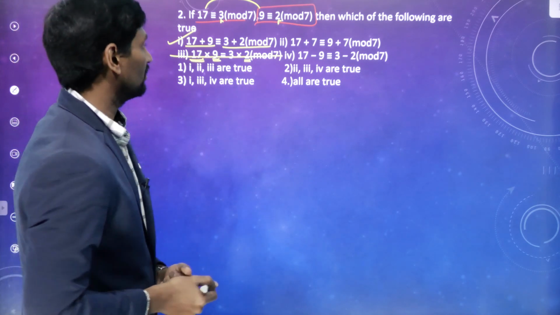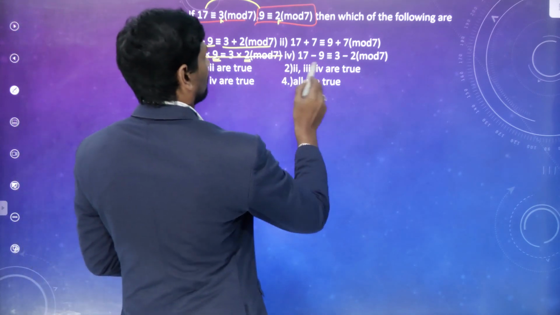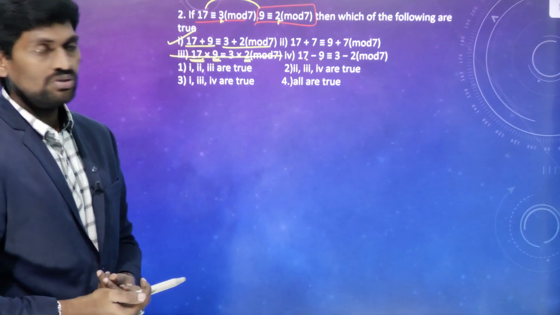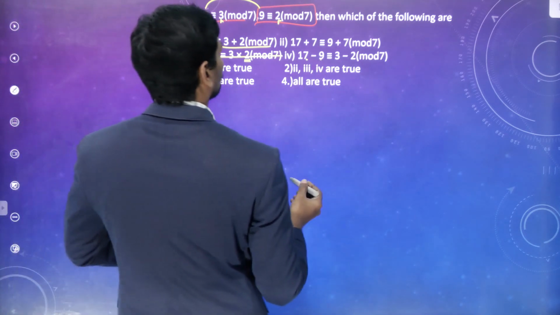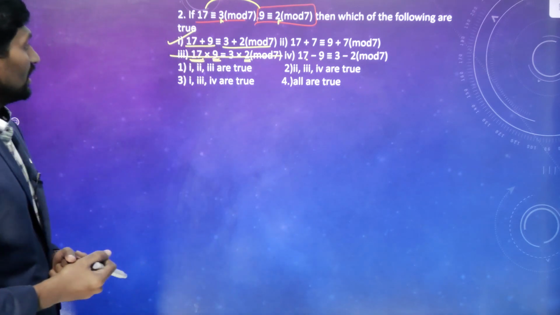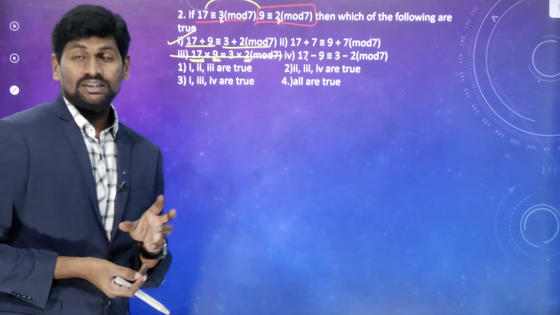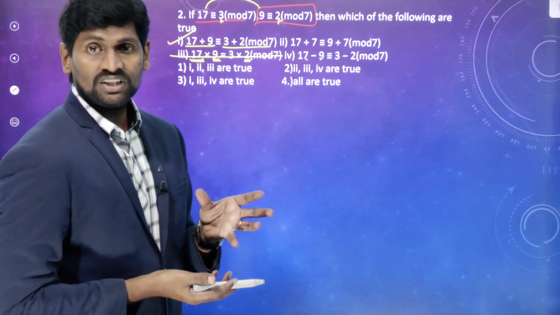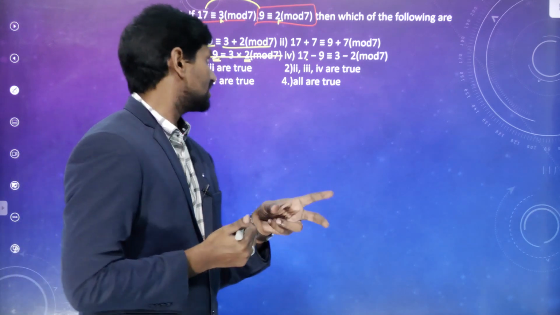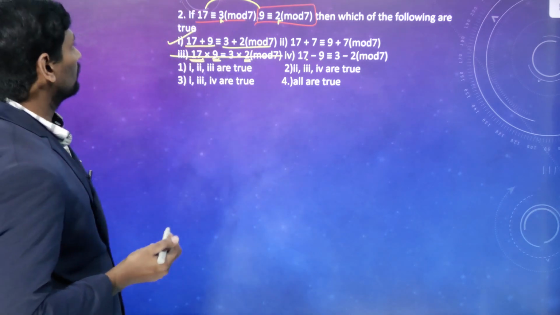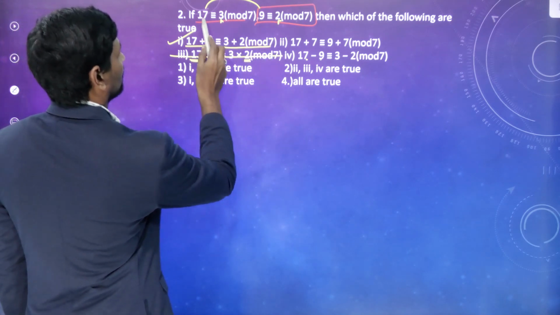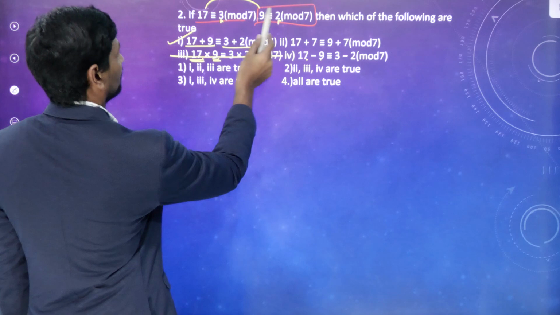Let us see the fourth one. The fourth one is 17 minus 9 is congruent to 3 minus 2 modulo n. We can find this by solving it using the congruence condition. Here, 17, 9, 3, 2.